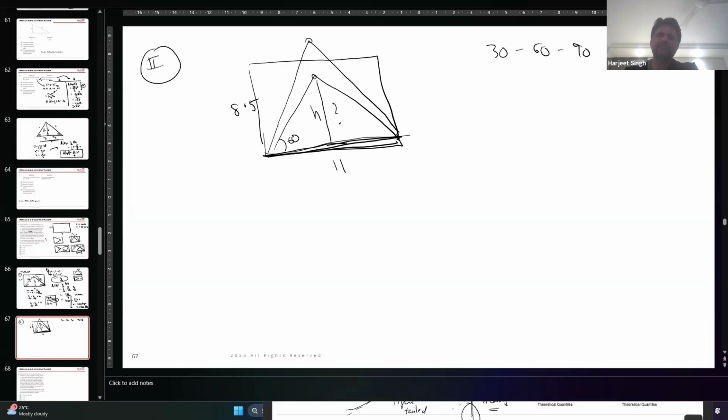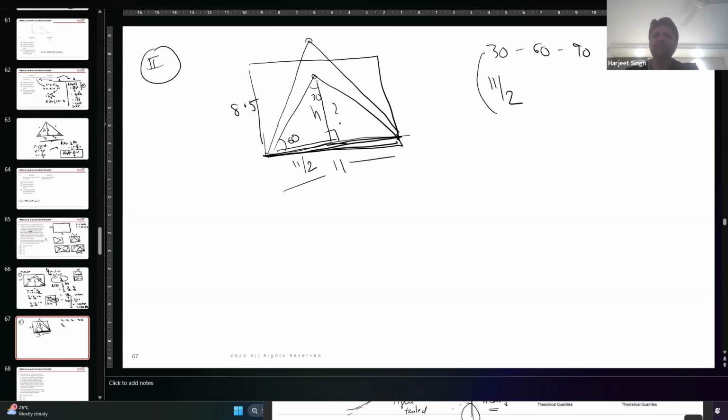So can I say the side is 11 by 2? This H will bisect the 11 into two equal parts, 11 by 2. So 11 by 2 is opposite to 30 degrees.